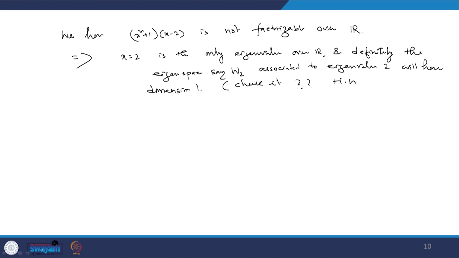But check it, please, as homework. You will see that for x equal to 2, the dimension of the eigenspace associated to it will be 1.